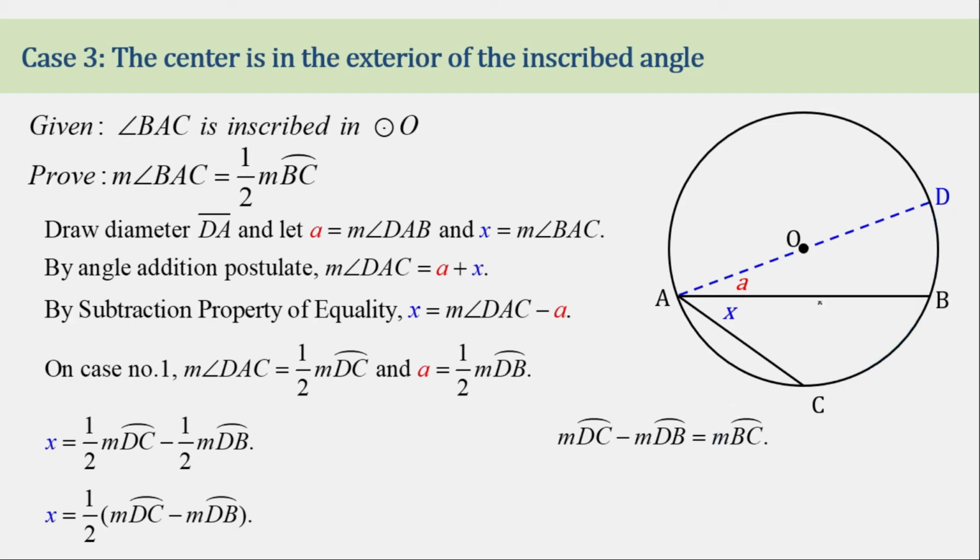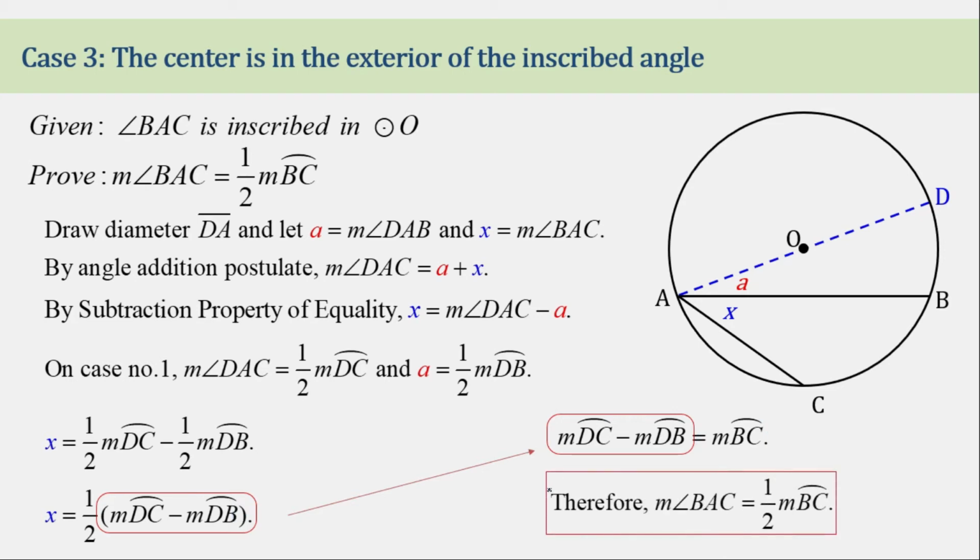Again, the measure of this minus this is this, and as you can see, they are the same. So therefore, we just change this with this because they're equal. So therefore, the measurement of angle BAC is equivalent to 1/2 of BC.